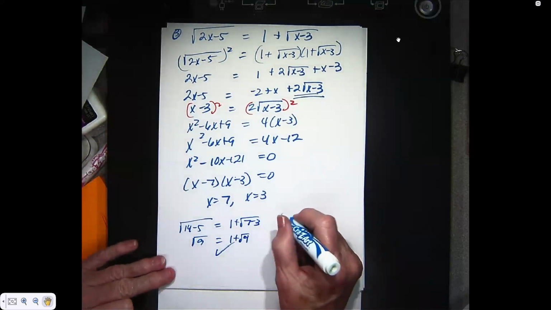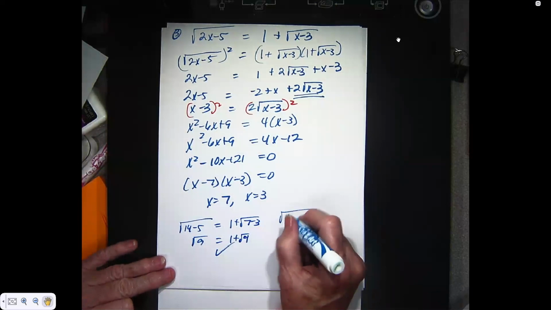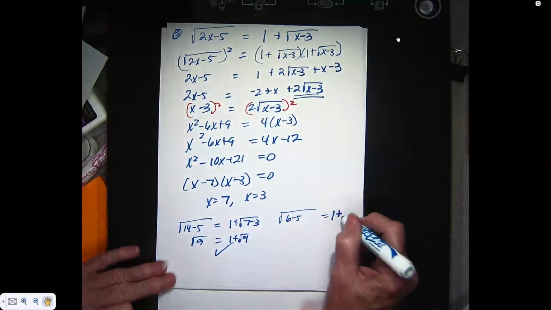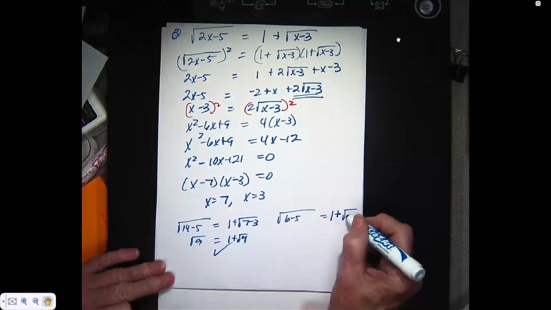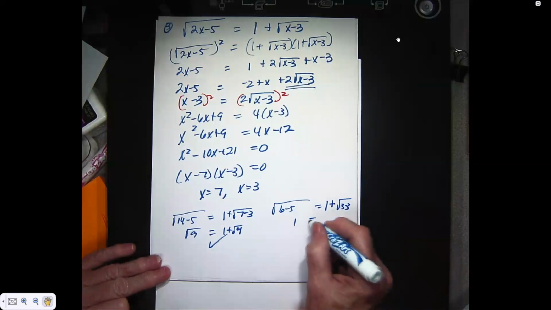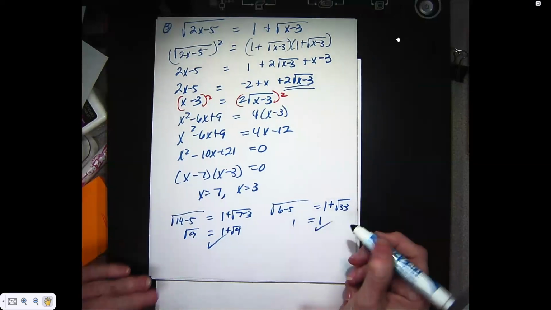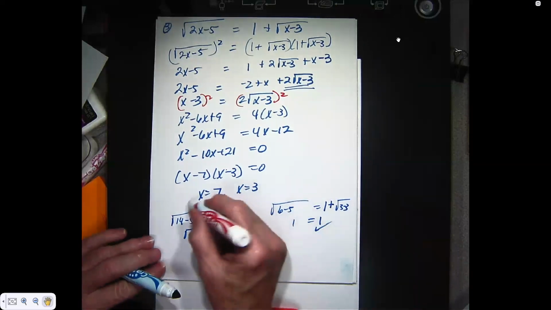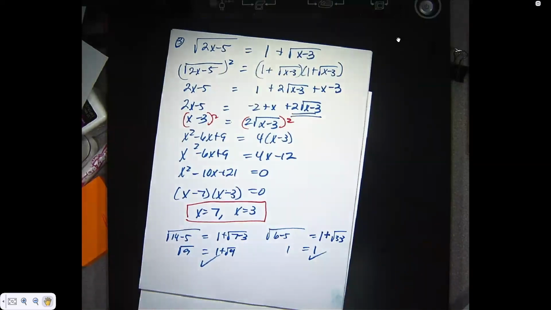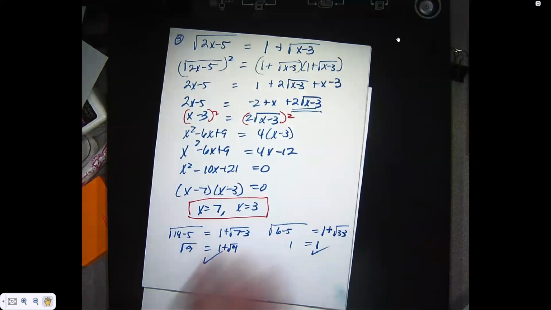So putting in 3, the square root of 6 minus 5 is equal to 1 plus the square root of 3 minus 3. 1 is equal to 1. That looks like that's true, so you should have 2 answers. Doesn't feel like that's right, but okay.